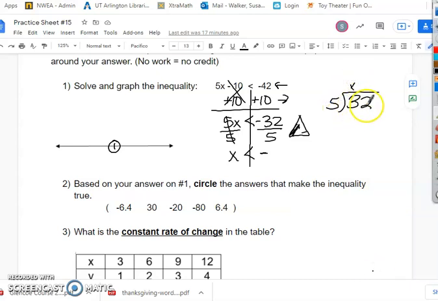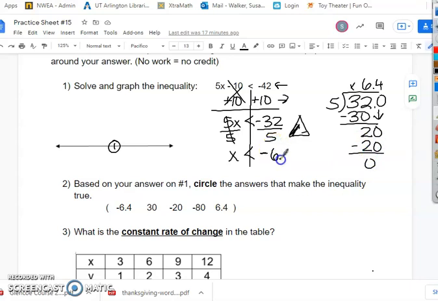So 5 into 32 goes 6, which is 30. And then we have 2 left, decimal, decimal, 0. 5 into 20 goes 4, 20, 0. So 6.4.